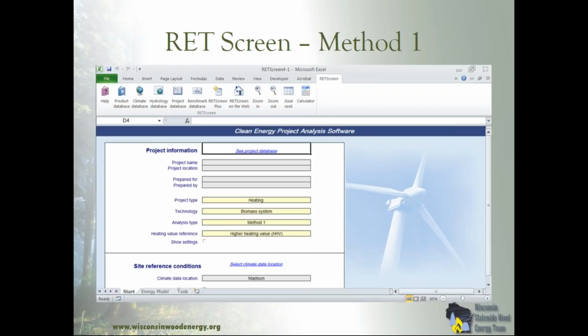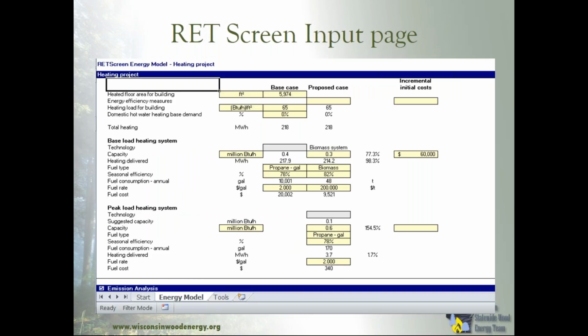Okay. So in this case, you would pick the type of project. So heating biomass, this could be a CHP system. The type of heating value reference. So this shows some of the screens. If I got a building, I'd put the square footage in here, the heating load for the building.